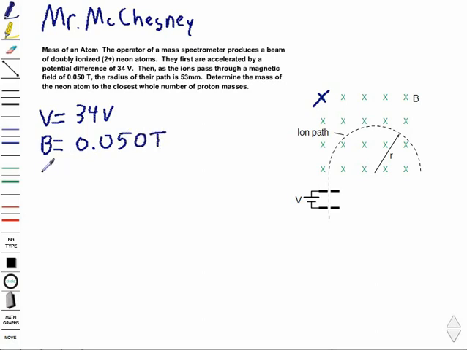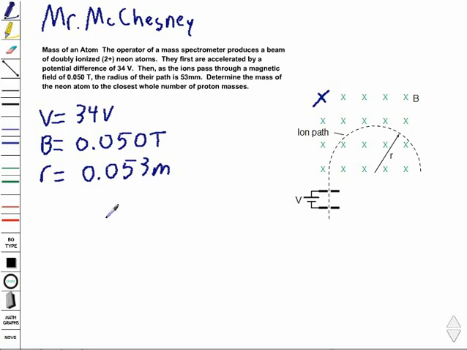And the radius of the curve was 0.053 meters. I've converted 53 millimeters into meters by doing dimensional analysis, which you've seen before.